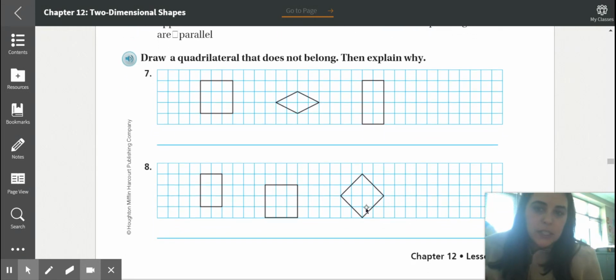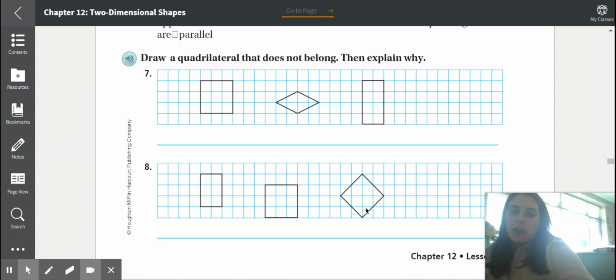Okay, so for number 7 and 8, it says draw a quadrilateral that does not belong and then explain why. So we need to think about what all 3 of these shapes have in common and then draw one that wouldn't fit. Well, let's look at the sides. Here we have a square. All 4 sides are the same length. Here we have a rhombus.